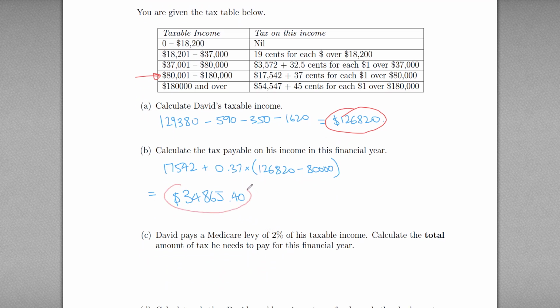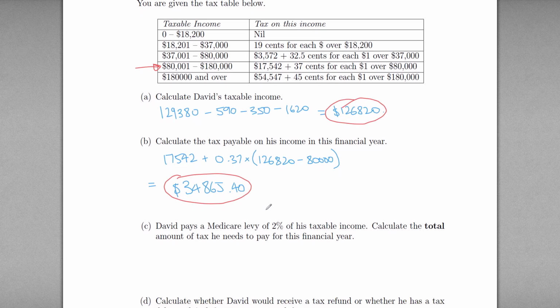Okay, he also pays a Medicare levy of 2% on his taxable income. So what's the total tax he needs to pay? So first the Medicare. That's going to be 2% of his taxable income, which is that number there. So it's 2% of 126,820.